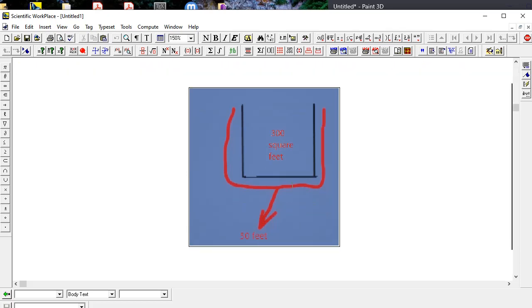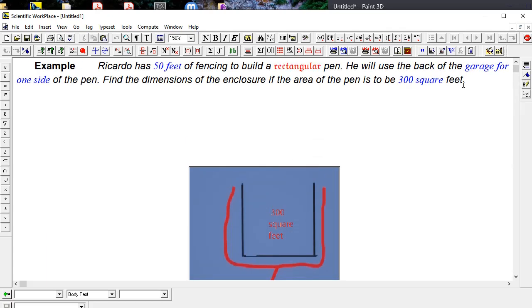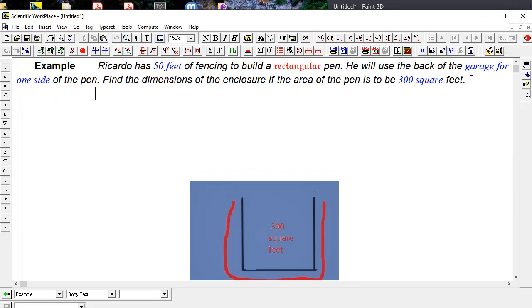We have a fence of 50 feet, which represents the perimeter in my case, and 300 square feet is my area. So let me start with the information here. The perimeter of a rectangle is 2x plus 2y, because every two parallel sides are equal, so the sum of all sides is 2x plus 2y, where x is the length and y is the width.